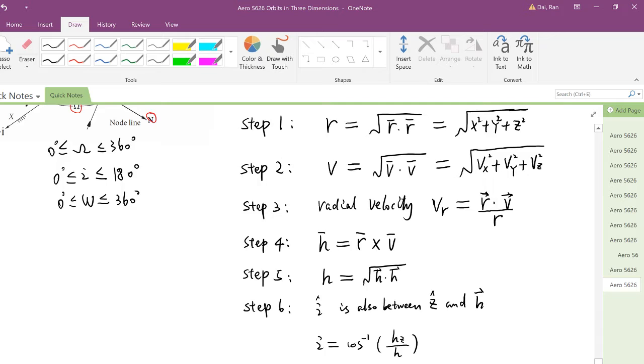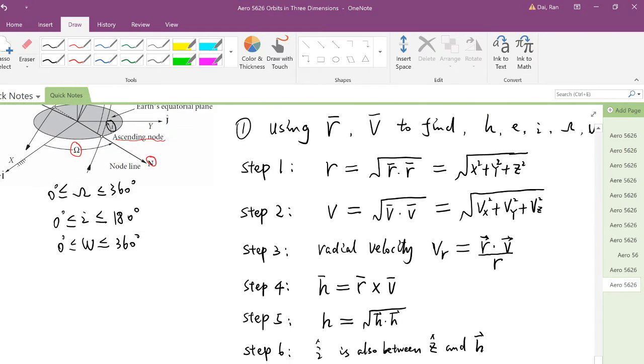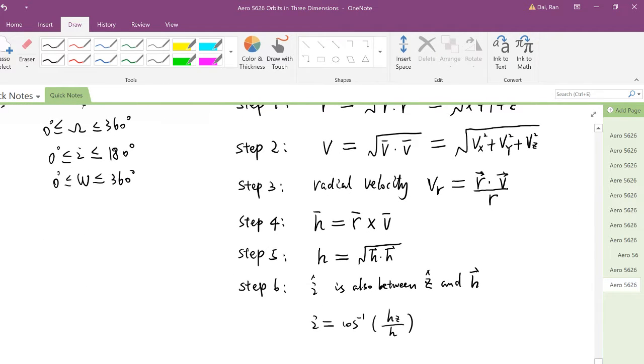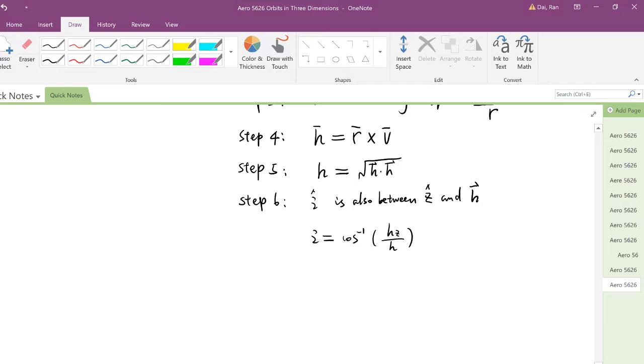And we already defined that i is between 0 and 180 degrees. So that will give us the determinant value of i. There is no quadrant ambiguity here. So step 6 gives us the i value.